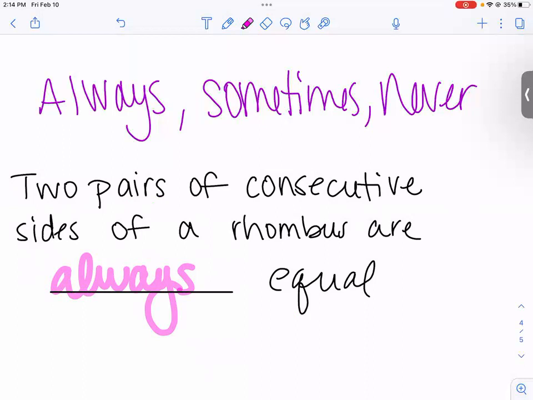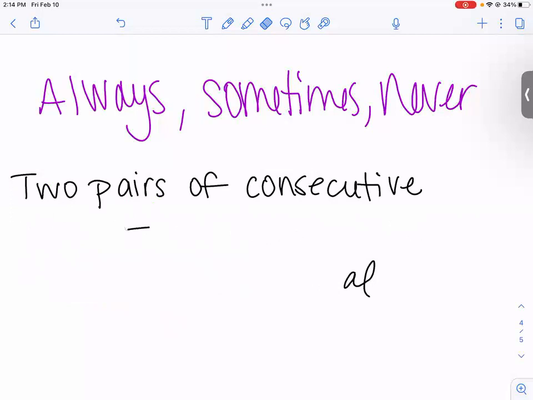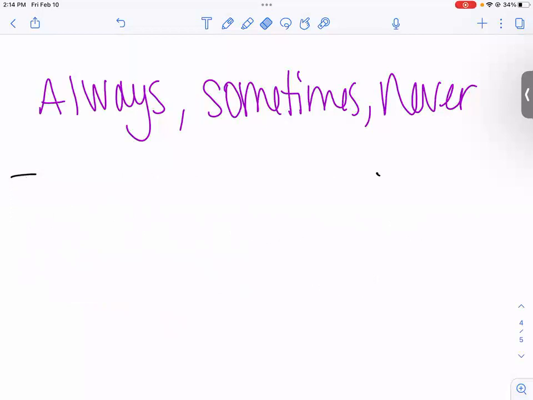What's the definition of a rhombus? With four congruent sides. All the sides are congruent, people. All right, this is not good.